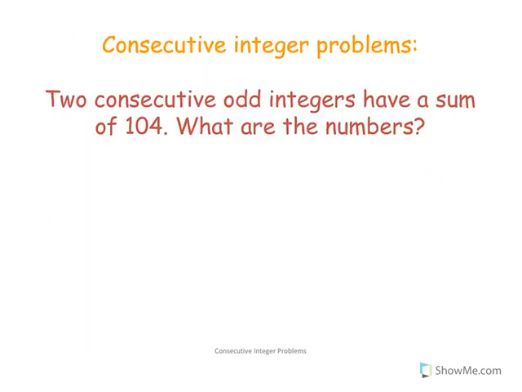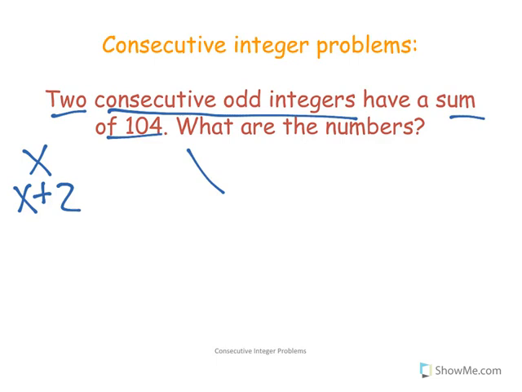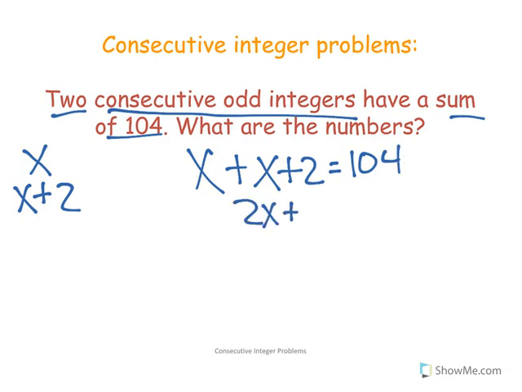So, I've got consecutive odd integers. The first thing I do, and there's 2 of them, x and x plus 2. Sum of 104. Easy. x plus x plus 2 equals 104. Well, x plus x is 2x. So 2x equals 102.